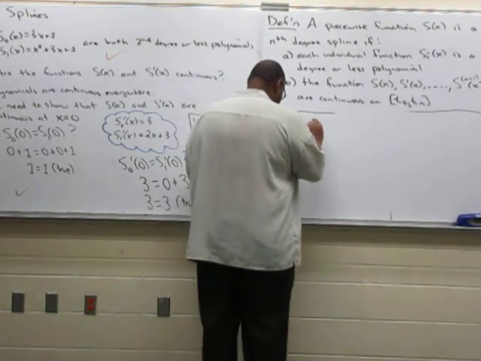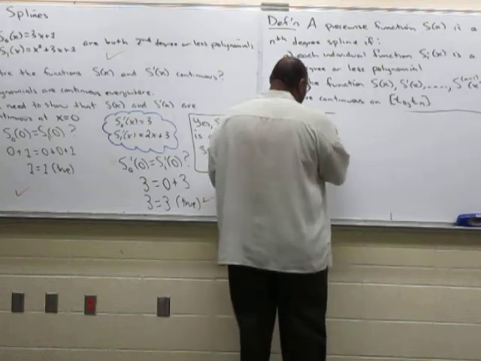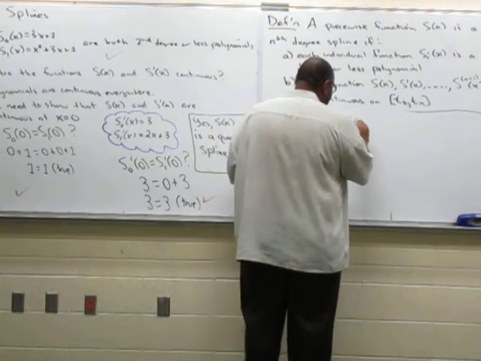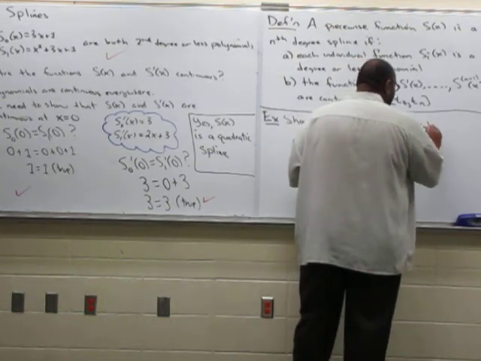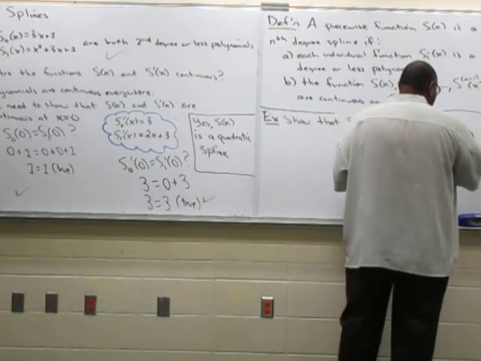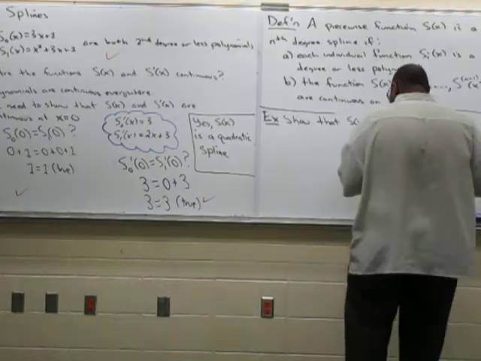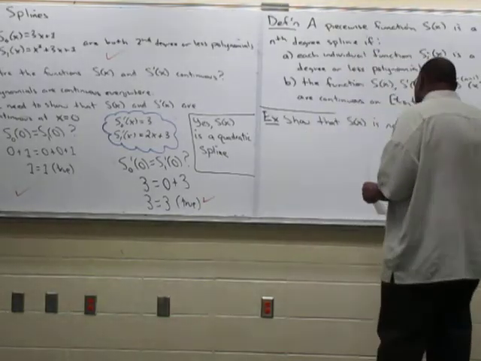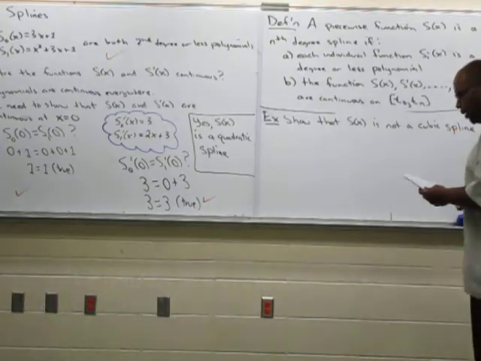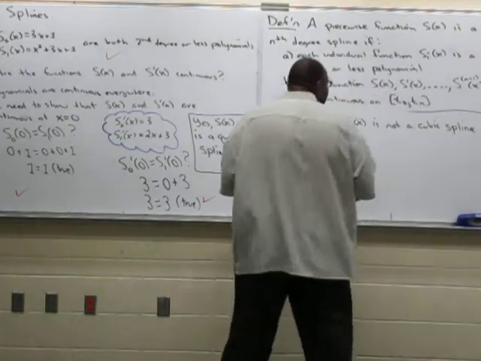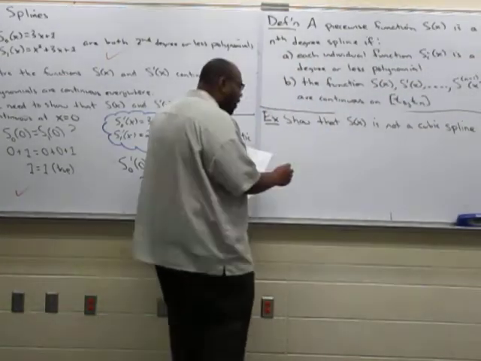Show that s of x is not a cubic spline. I don't care if it's a natural spline or a clamp spline or any other type of spline, as long as it is a cubic spline. Show that s of x is not a cubic spline, and here's my s of x in this case.